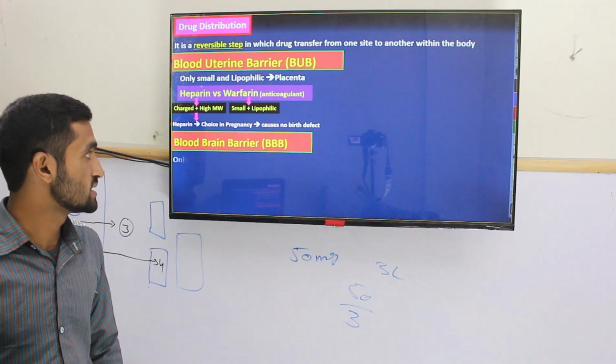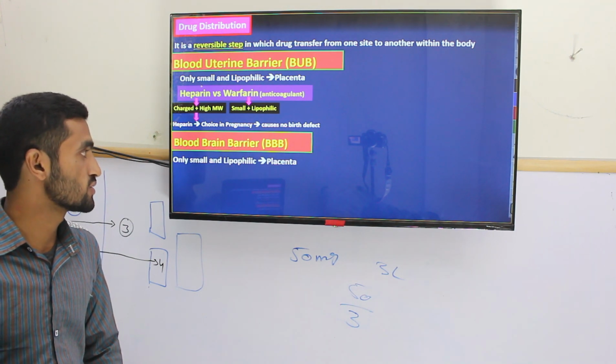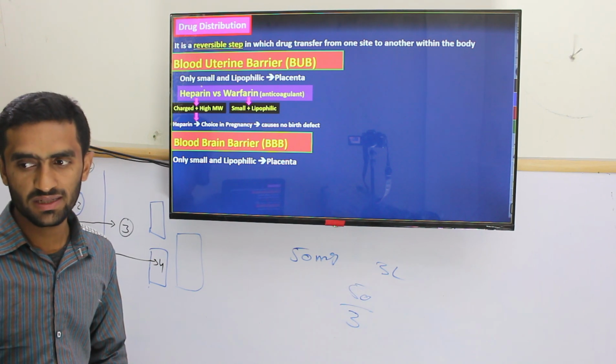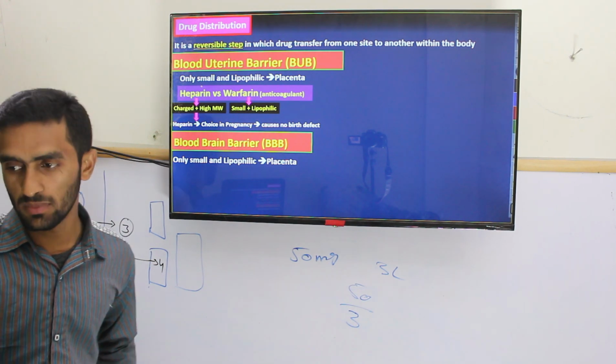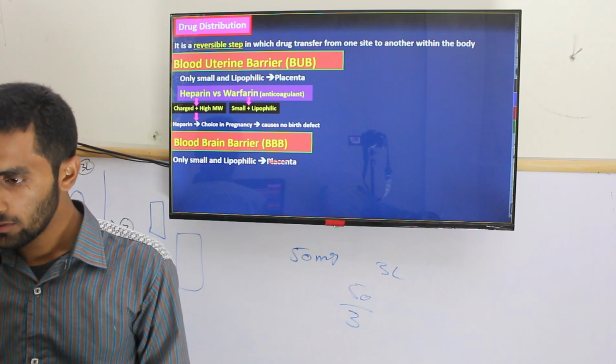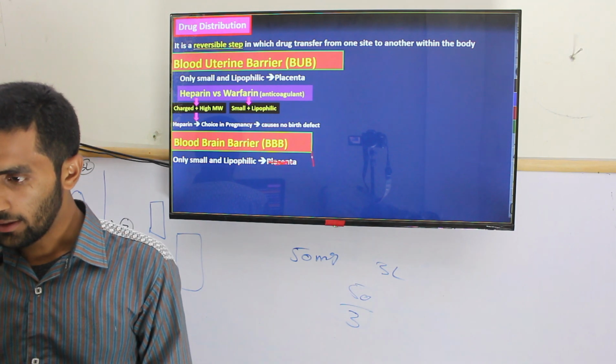Okay, the same thing is happening with the blood-brain barrier. Only small and lipophilic drugs cross. As I said about the placenta, here it should be mentioned brain. Okay, brain.